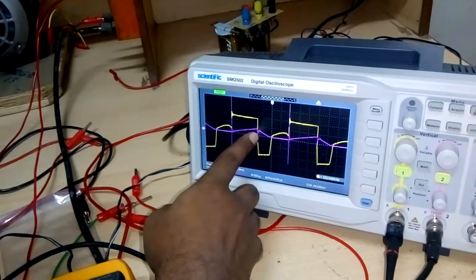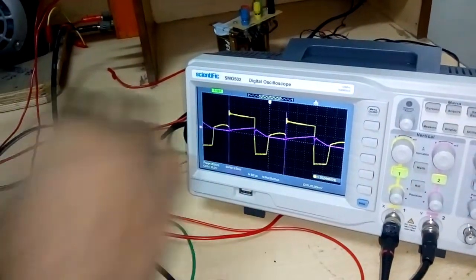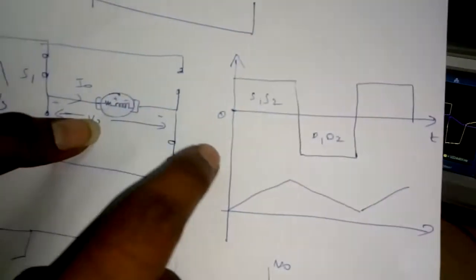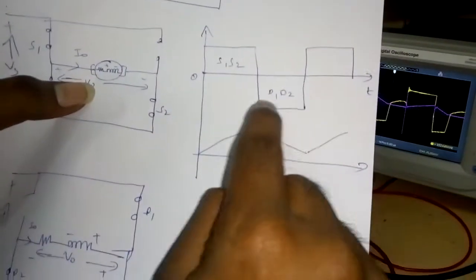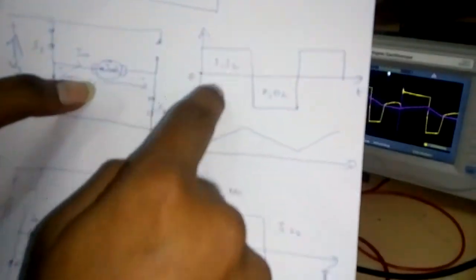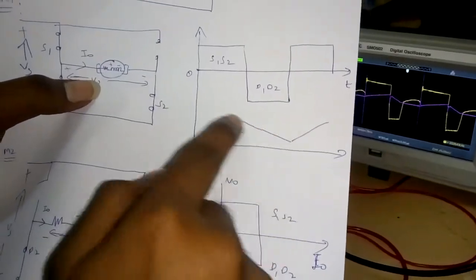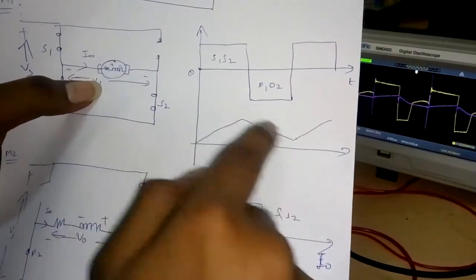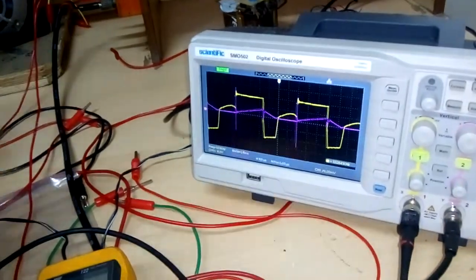Now at this instant, S1 and S2 are turned off. Once S1 and S2 are turned off, as per theory, the diodes come into conduction. But what is the voltage? Negative voltage. At this instant, what is the current? Discharging. The energy stored in the inductor is discharging here. So this is the current discharging and the output voltage is like this.